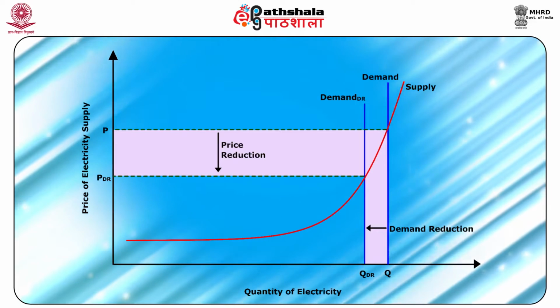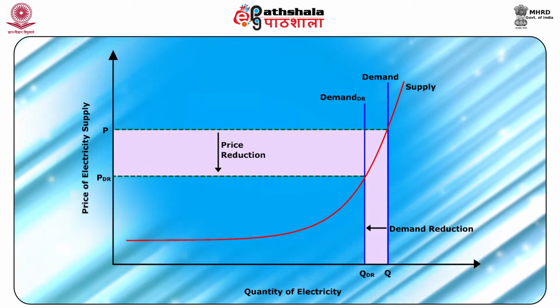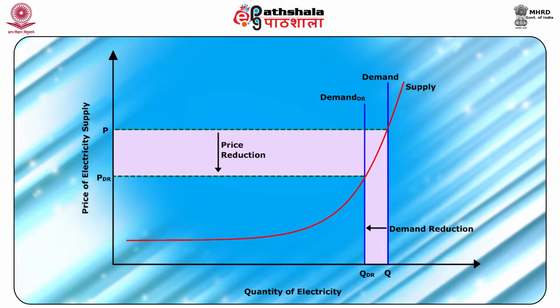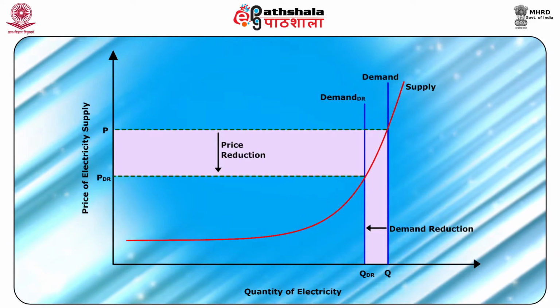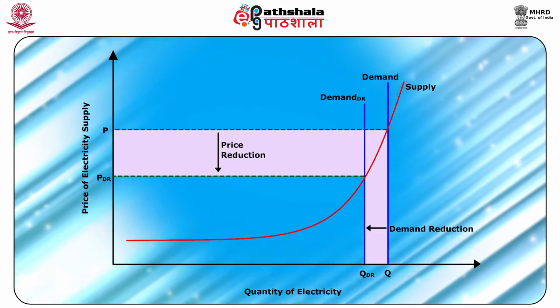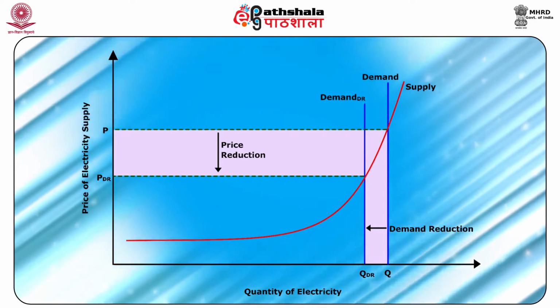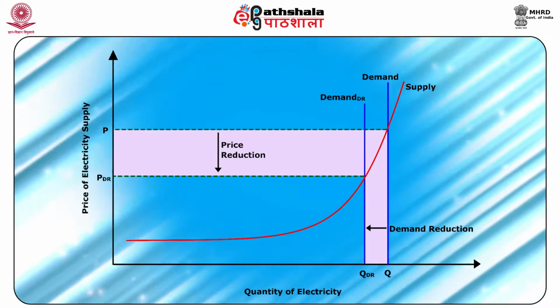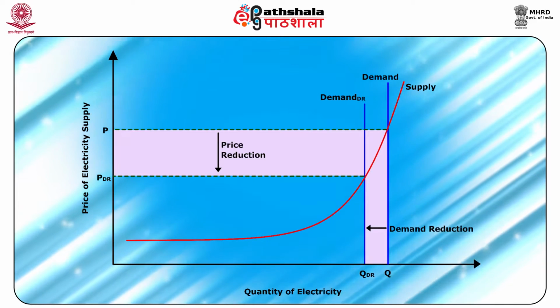Now let us look at a diagram where you would see that the price of the electricity supply is given on the y-axis, and then we have vertical demand functions to illustrate, and then we have a slowly rising supply function.